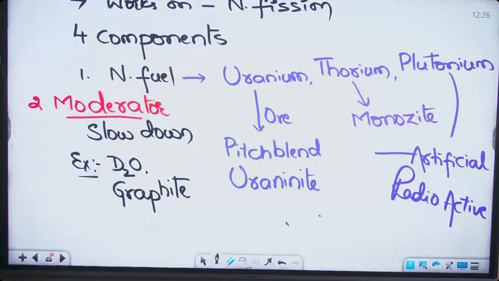What is the specialty of graphite? Graphite is a non-metal, but even then it is a good conductor of heat as well as electricity. So the second component is the moderator.